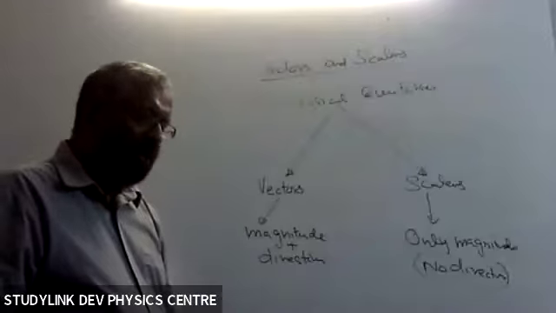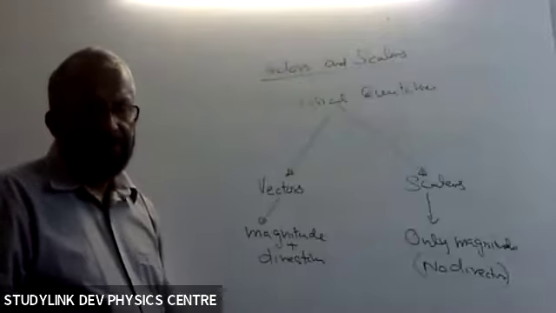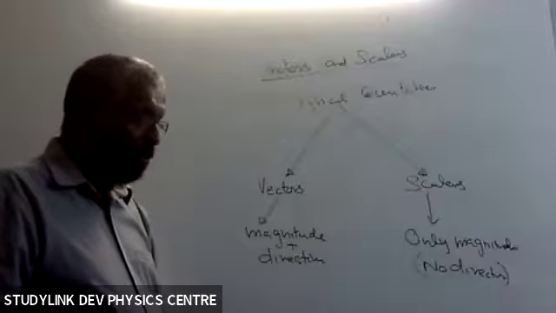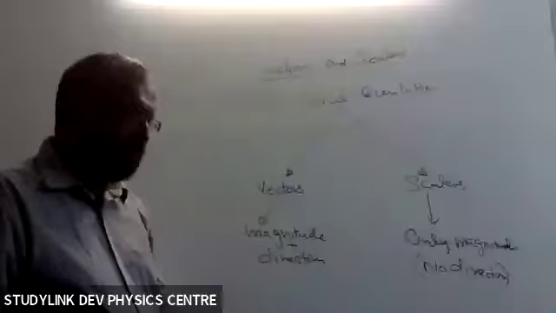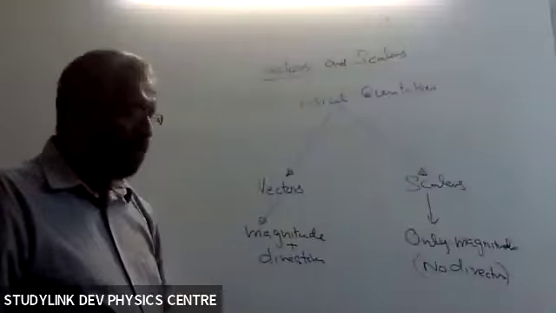Sometimes we call it a vector quantity. Most of the time in old books they used to say vector quantity. Normally vector is enough.